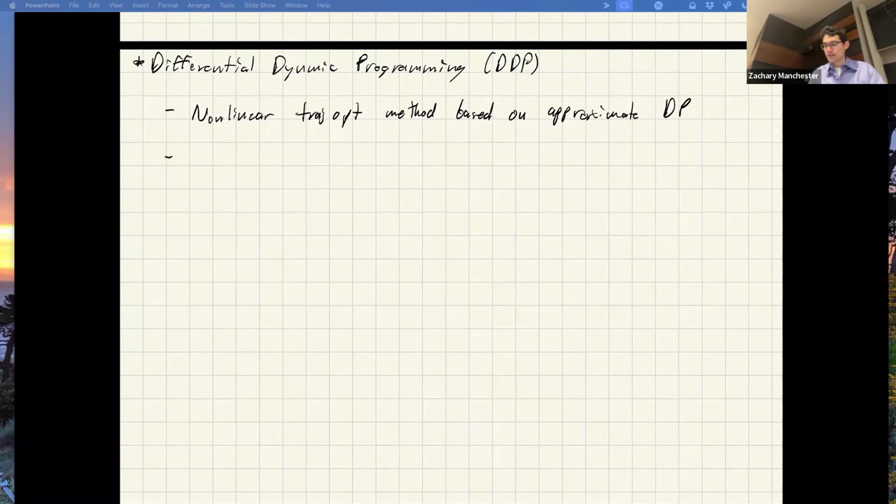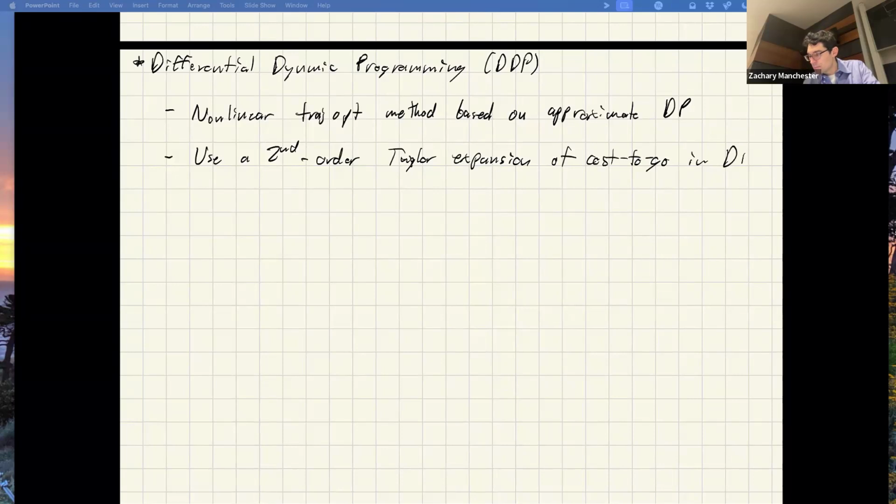In particular, when I say approximate dynamic programming, the approximation part is that we're going to use a second-order Taylor expansion of the cost-to-go in that DP backward recursion, to compute Newton steps on the nonlinear problem.